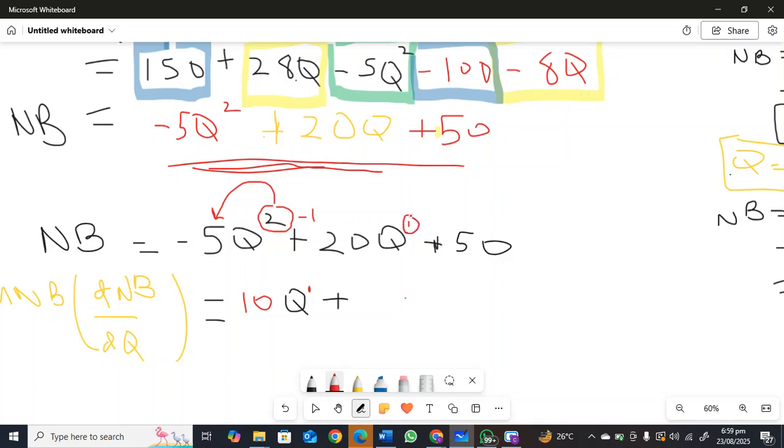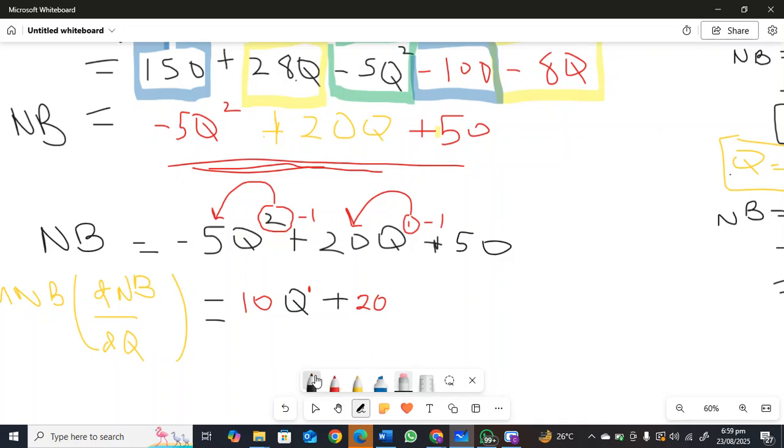You multiply the exponent with the coefficient, 1 times 20, that is 20. Then you subtract a 1 from the exponent, 1 minus 1, that is 0. Now you don't need to write q to the power 0, because anything to the power 0 is 1.